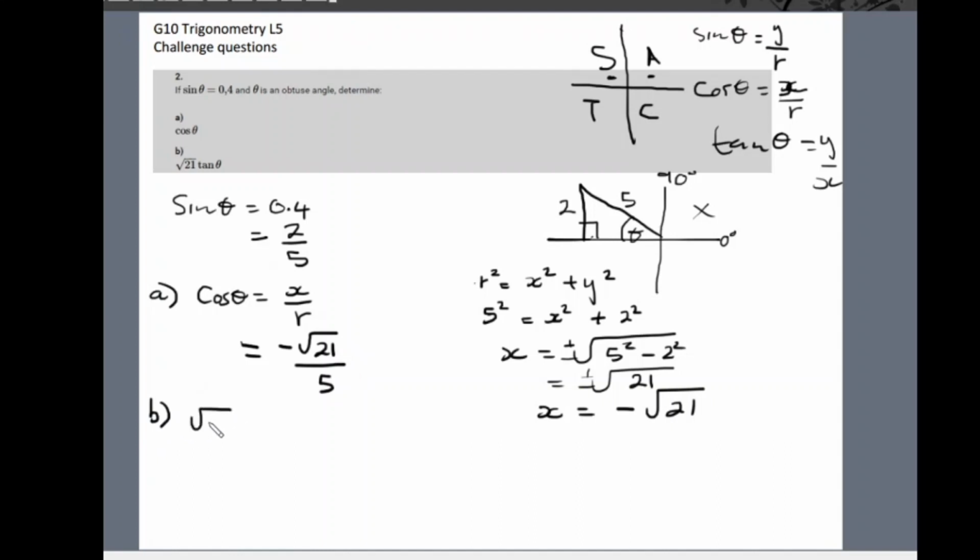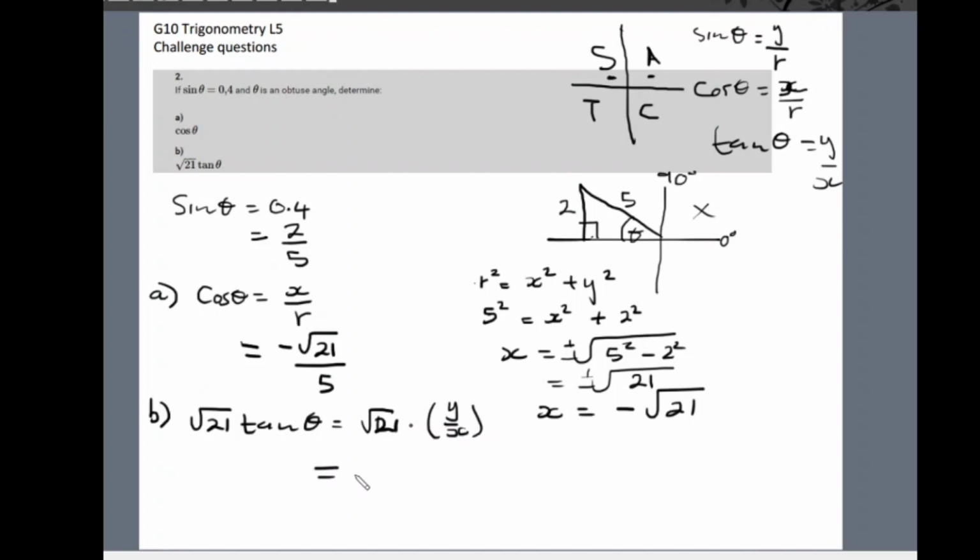Lapha bathi calculate the square root of 21 times tan theta, right? Remember ukuthi tan theta is defined as y over x, ne?